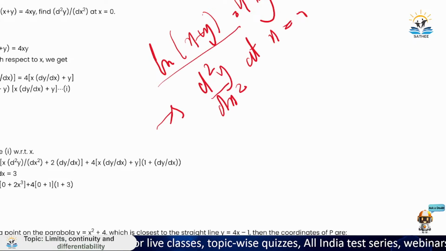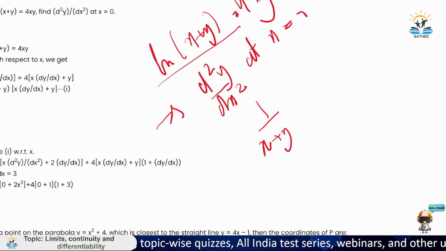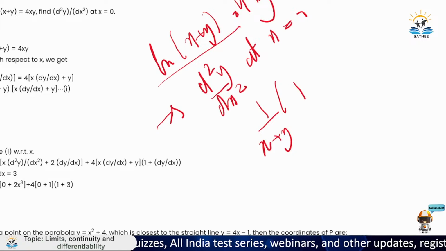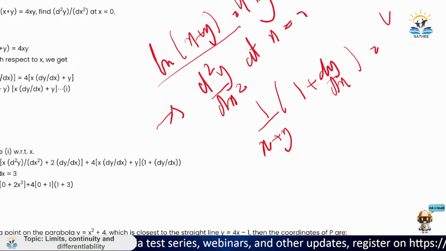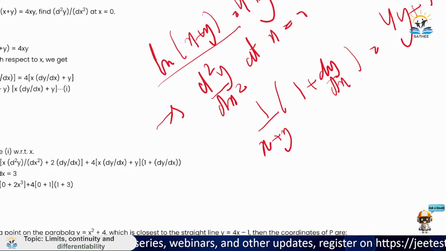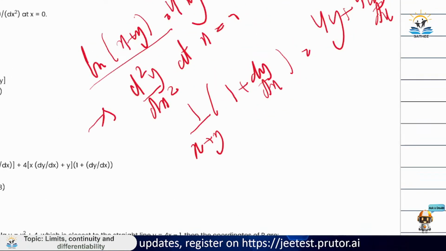The differentiation of ln of (x plus y): first we take the chain rule and write it like this. Then the differentiation of x with respect to x is 1, then we get dy by dx. This is equal to 4y plus 4x dy by dx. As simple as that.